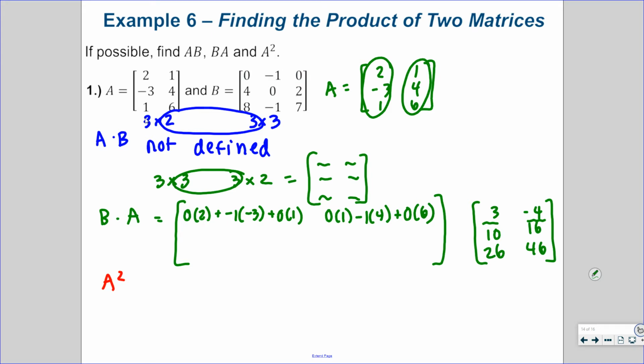All right, then we move on to row 2. So this would be 4 times 2 plus 0 times -3 plus 2 times 1. So I got 10. Row 2, column 2. 4 times 1 plus 0 times 4 plus 2 times 6. 12 plus 4. 16.